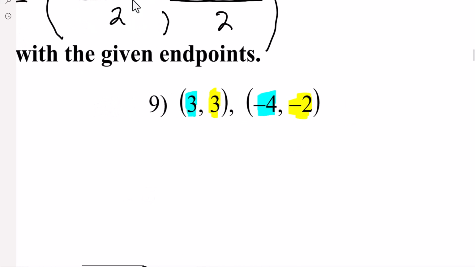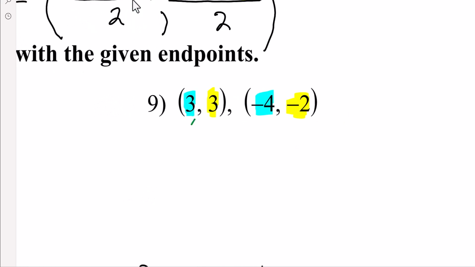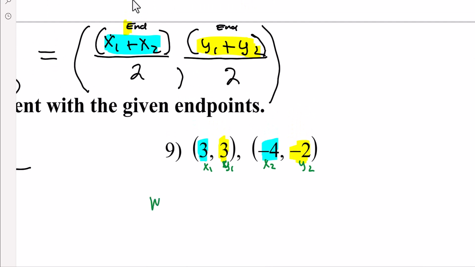And I think same thing here. Label this, label the x's, label the y's, and then just put it into the formula. So 3 plus -4, that's -1.